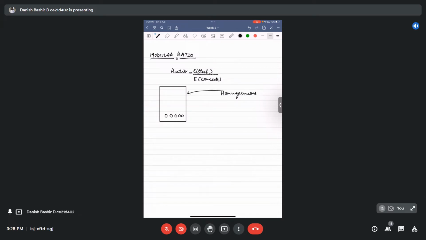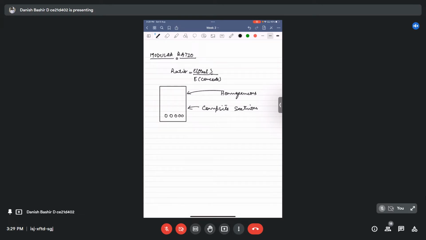But since both concrete and steel are present, it's a composite section. So we can't use the definition of stress by strain equal to elastic modulus. So for that, we define this ratio, the modular ratio, which makes it a homogeneous section.